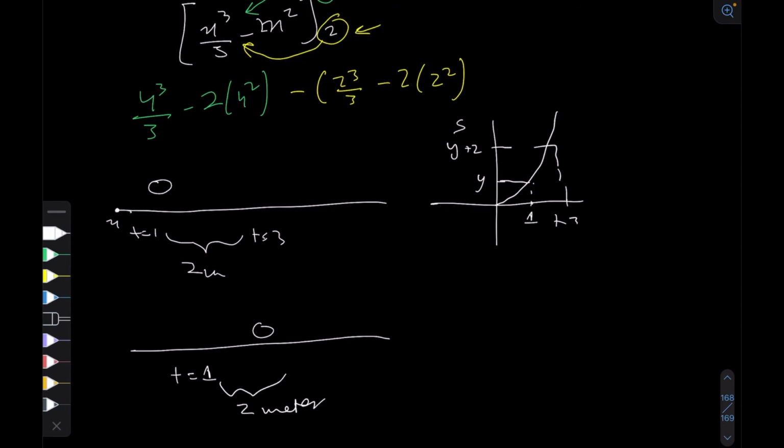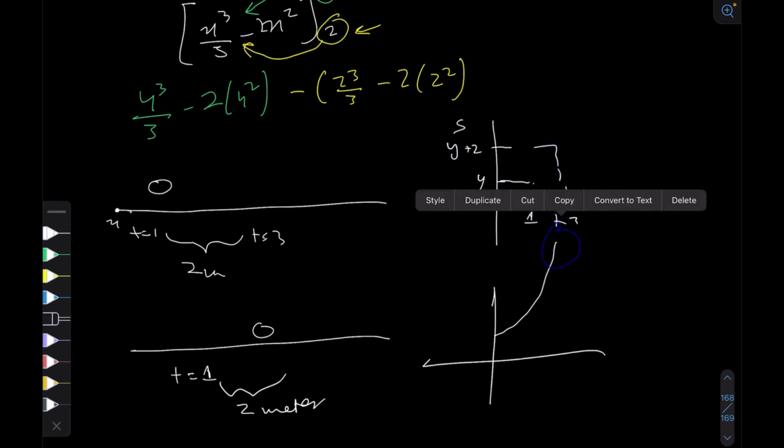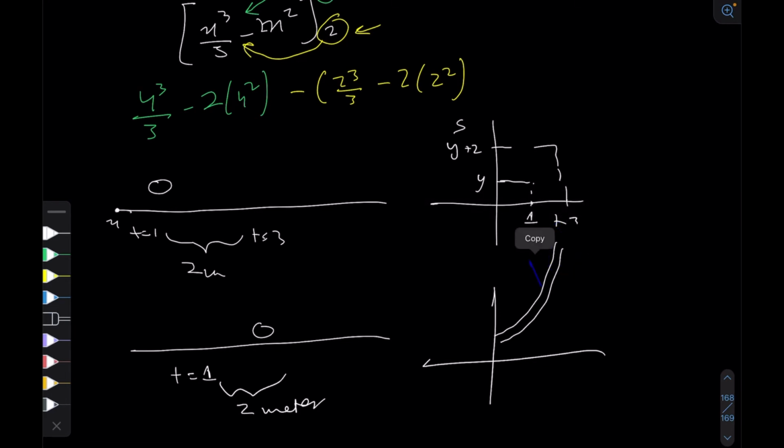If I simply drag this up by some constant c, let me make a new one, so let's just say this, and if I shift this up by some value, the difference between the values from 1 to 3 would still be the same.